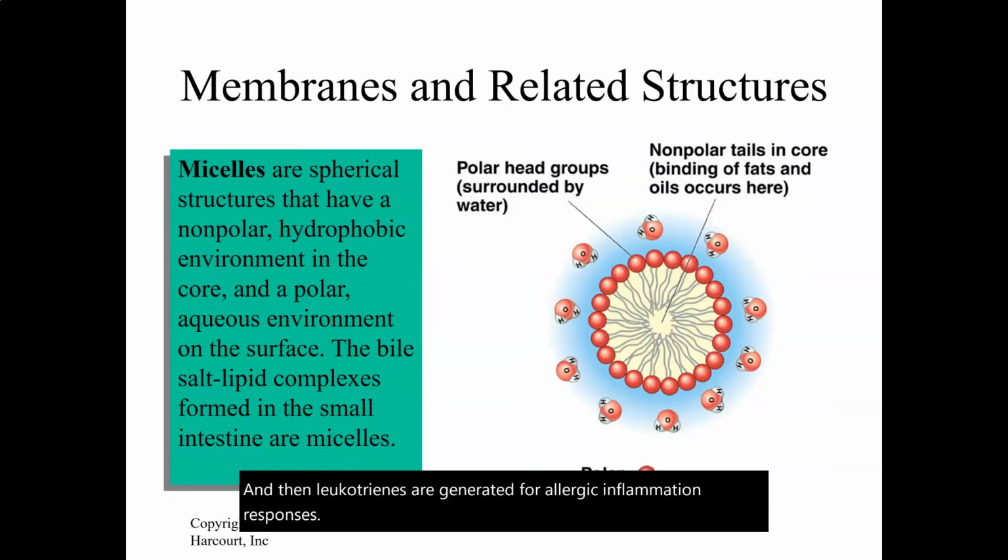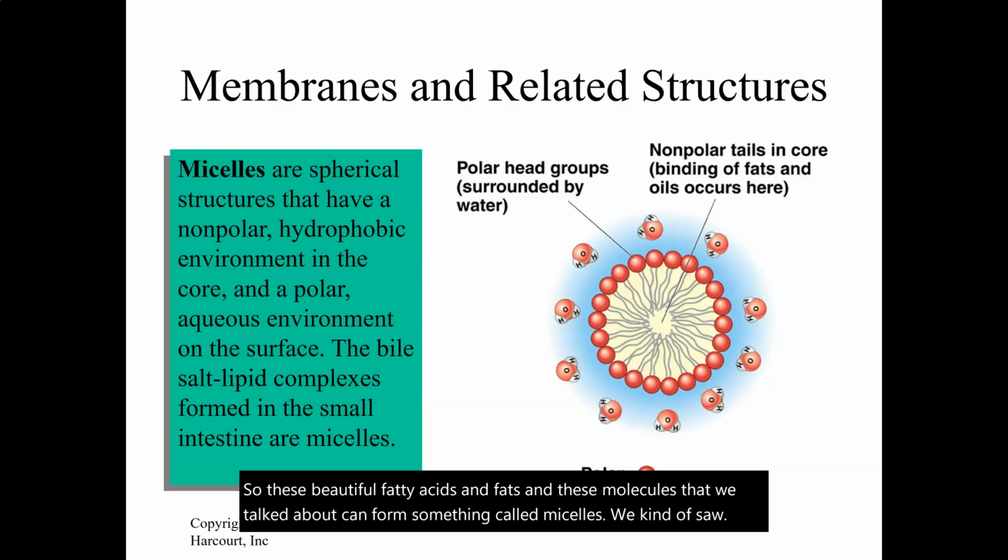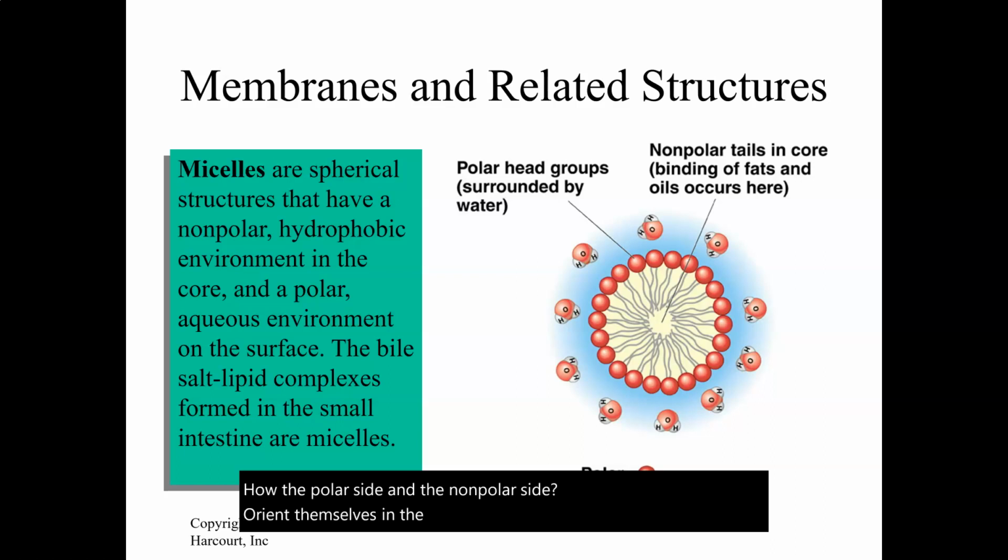So these beautiful fatty acids and fats and these molecules that we talked about can form something called micelles. We kind of saw how the polar side and the nonpolar side orient themselves in the environment that they're in when we talked about the bile salts.